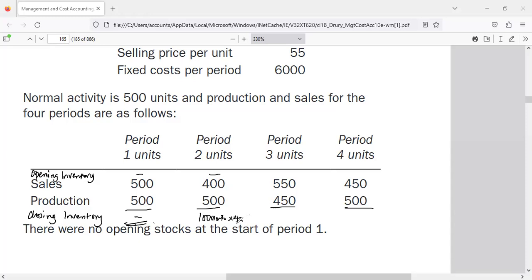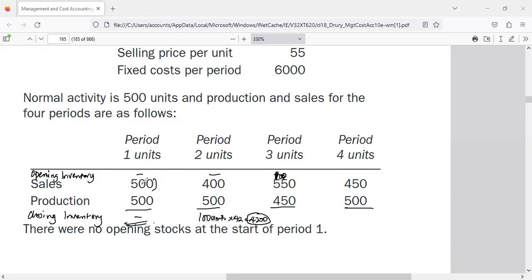So 100 times 42 pounds, this will give you 4,200. So this is the closing inventory for period 2, the monetary value of that closing inventory. That closing inventory of period 2 becomes the opening of period 3.